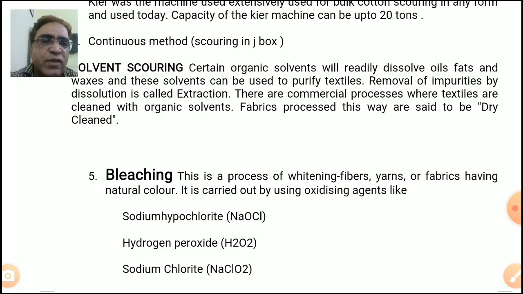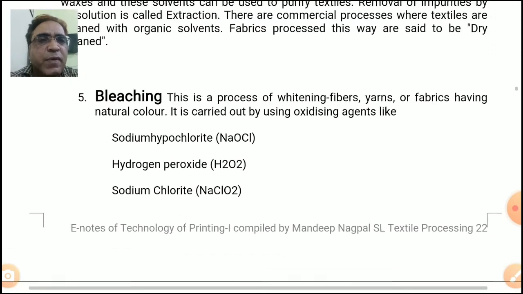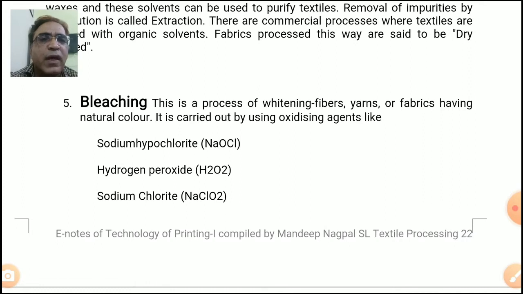Another process done in the preparation of the cloth for printing is bleaching. So what is the bleaching process? Specifically for cotton, there are natural coloring matters present on the yarn and fabrics. These natural coloring matters also have to be removed before printing. Normally there is some yellowing in the fabric after scouring, and this has to be removed until we get a very sparkling white background before printing.